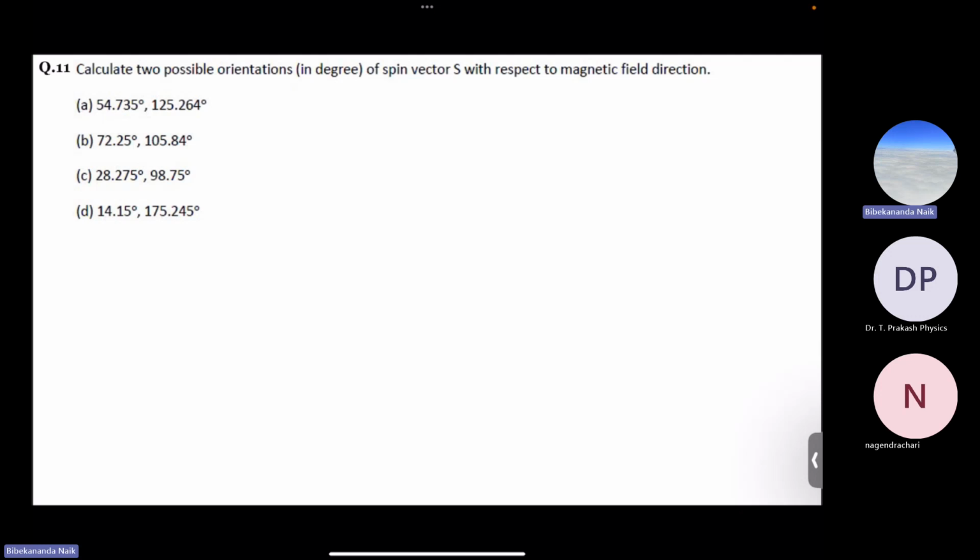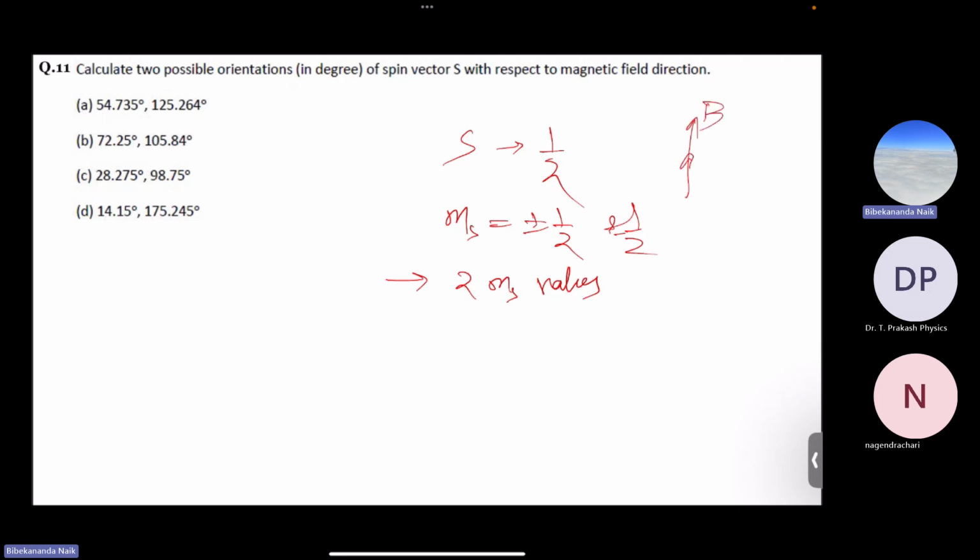Since the electron has spin s equal to half, what will be the values of ms? Plus half and minus half. There are two ms values, so there will be two angles between the spin vector and the magnetic field. If this is the magnetic field, then this is Sz, and Sz is ms h cross.